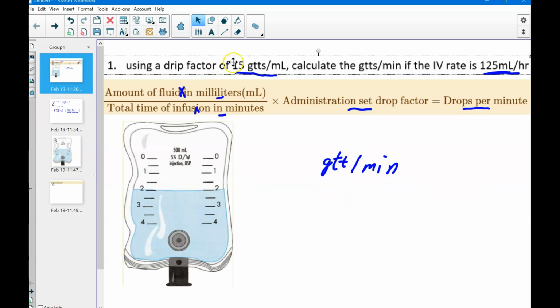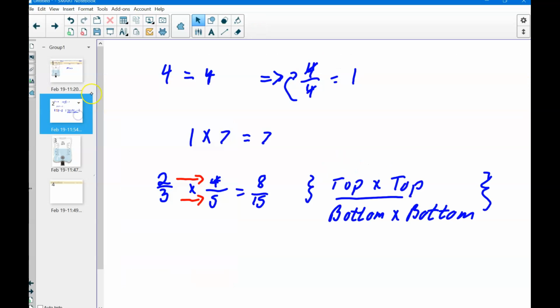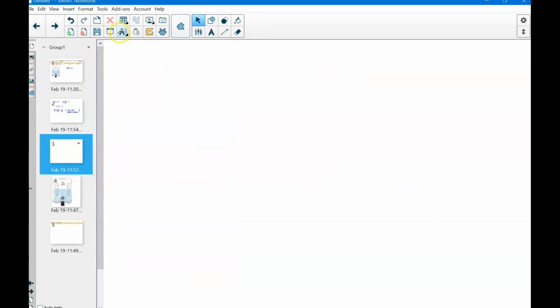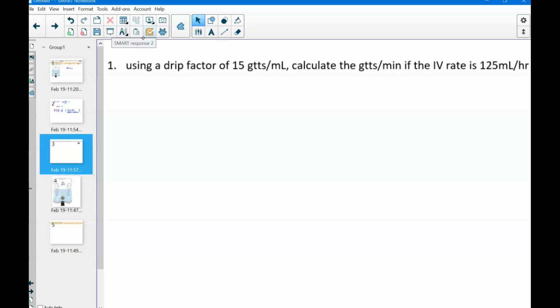Take the problem right here again. I want to take these numbers and write them a little differently. This number and this number.